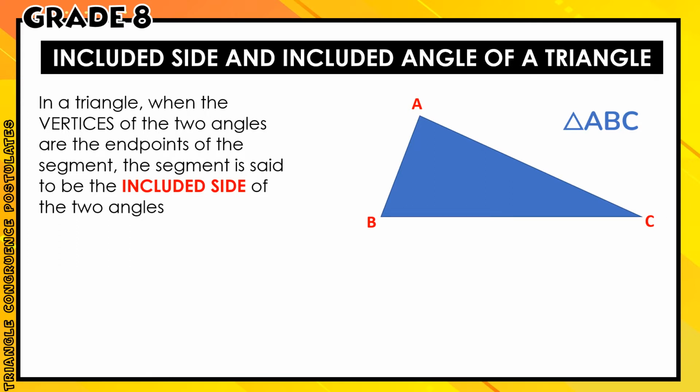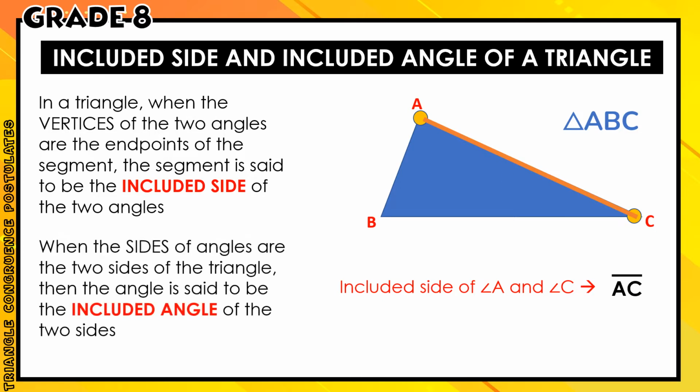Just like this example, if we are asked to find the included side of angle A and angle C, the first thing to do is to locate angle A and angle C on the given figure. So the segment between angle A and angle C will be your included side, which is this one. The highlighted, orange part is side AC.